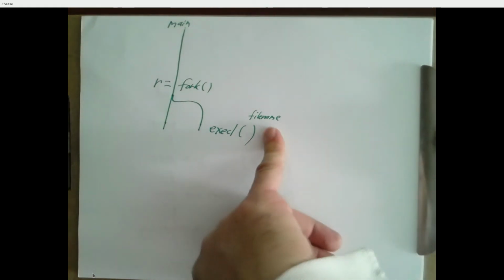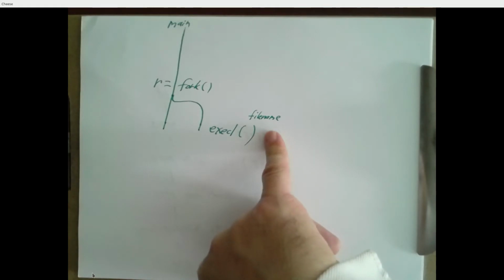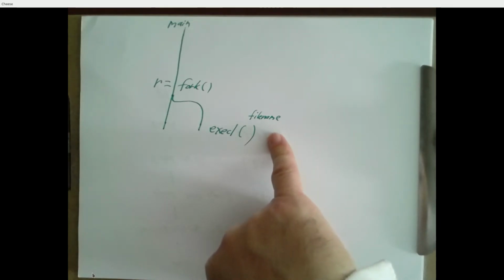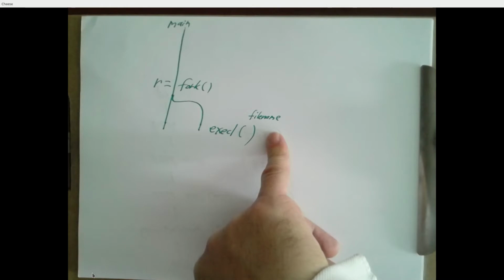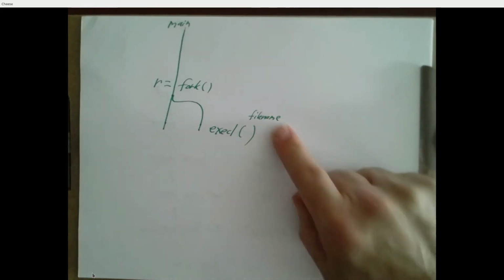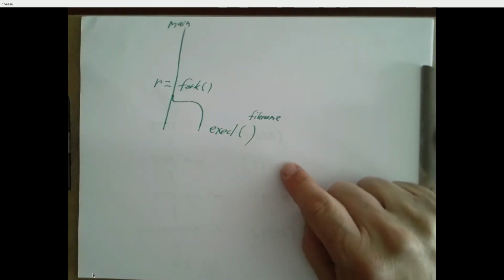And it should be the name of an executable program. Okay, something that's been compiled and linked, something you could type from the bash command line and it would run. And what execl does is it opens up this file and it knows the structure of this file, so it looks inside and it figures out where the ones and zeros are that correspond to the program that was compiled. And it overwrites its own memory with those ones and zeros. In other words, it transforms itself into the program corresponding to this file name.